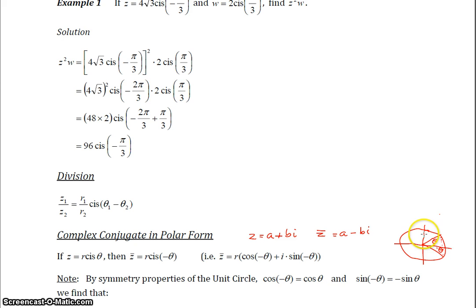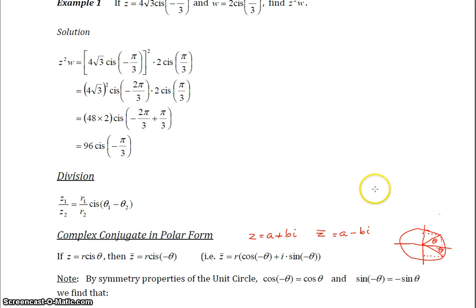However, sine of theta is not the same as sine of negative theta. They're the same absolute value, their distance to the origin is the same, but sine of theta is positive, but sine of negative theta is negative.